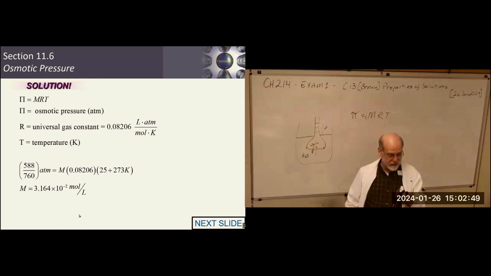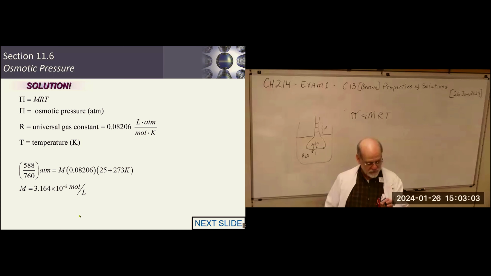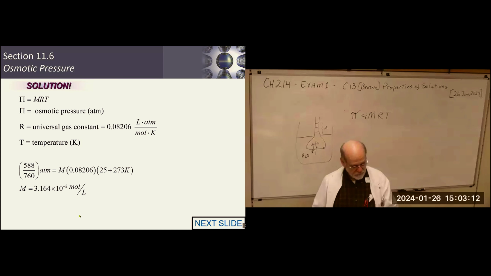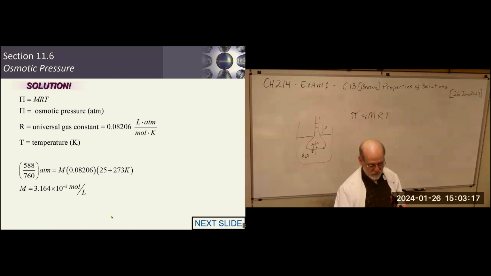That's the first thing. 588 divided by 760 gives you the osmotic pressure in atmospheres. Then the molarity is the unknown. Gas constant is there, temperature is there, and the temperature has to be in Kelvin because the gas constant is in Kelvin. And we come out with a molarity of 3.164 times 10 to the minus 2 mole per liter. Okay, that's only part of the way to the solution because the question is, what's the molar mass?